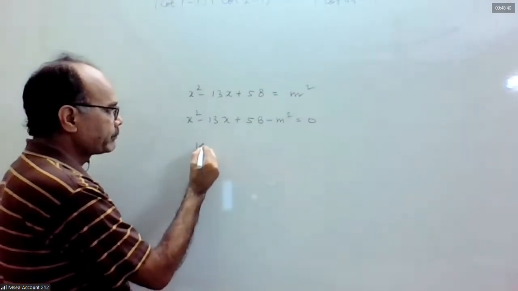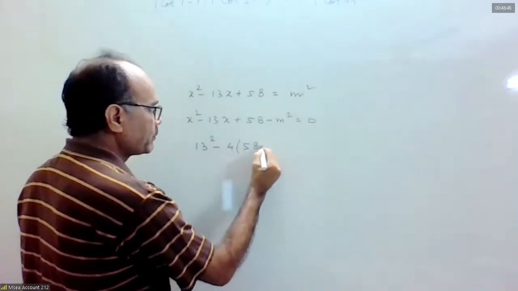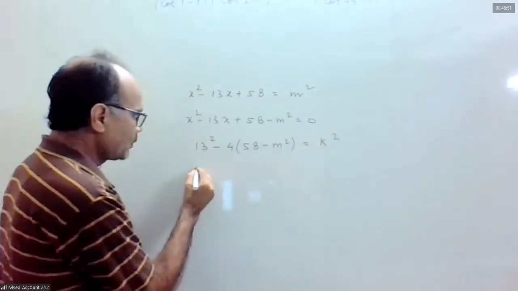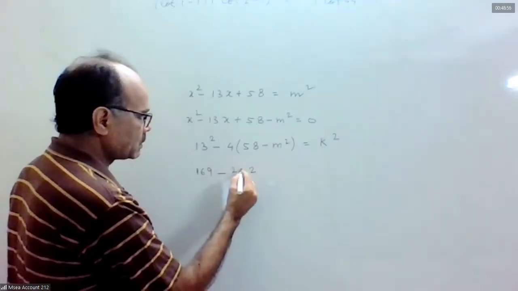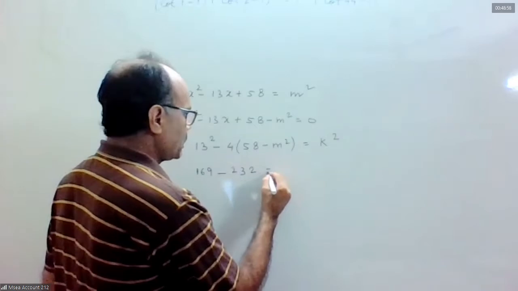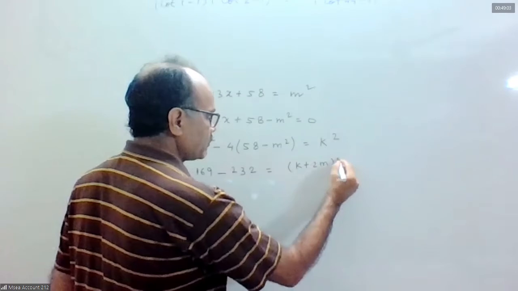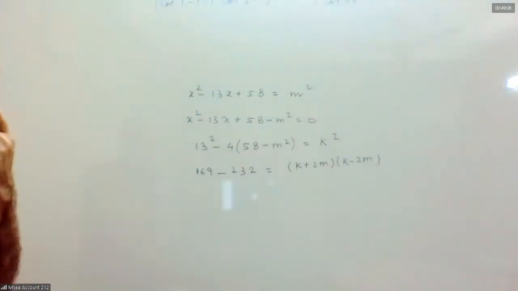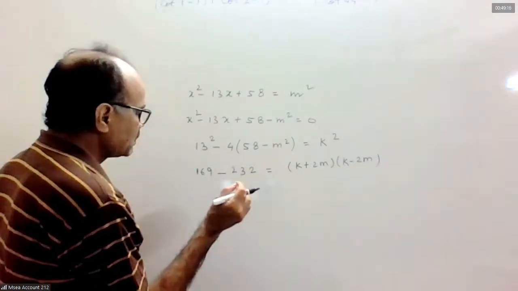Yes, sir. b square minus 4ac equals some k square. 169 minus 232 equals k square, k plus 2m into k minus 2m. Yes, sir. This is how much? Minus, how much will this come? 63. Yes? Minus 63, sir.